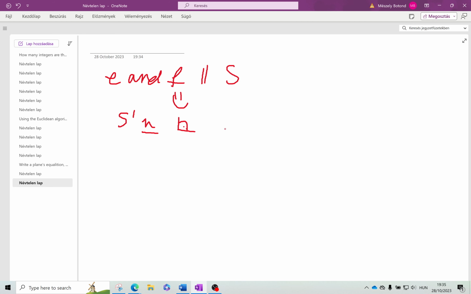So it has 90 degrees to the A direction vector and the F direction vector because of the rules.